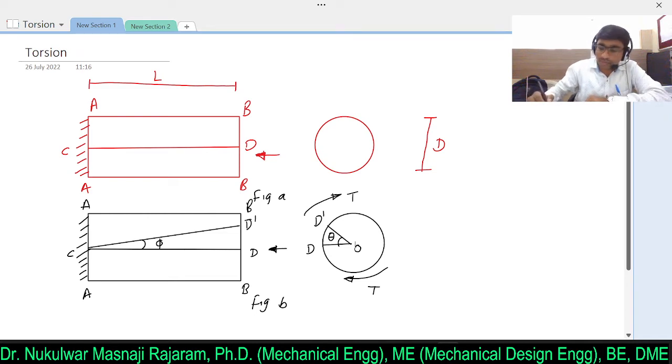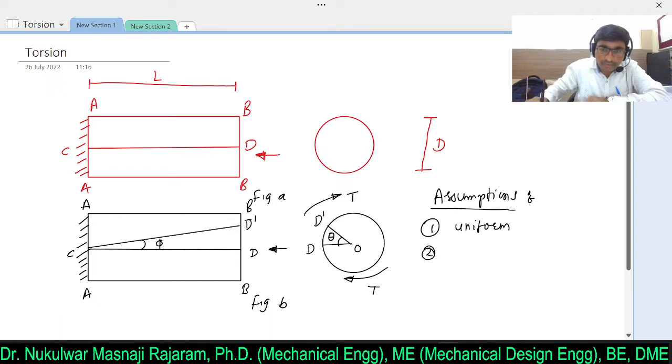So before explaining the equation for the torque, I would like to explain the assumptions in the torsion. The first assumption is that the material of the shaft is uniform. Whatever material we have used, it must be uniform throughout.